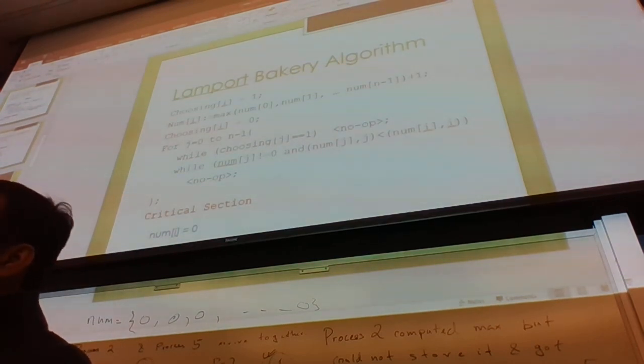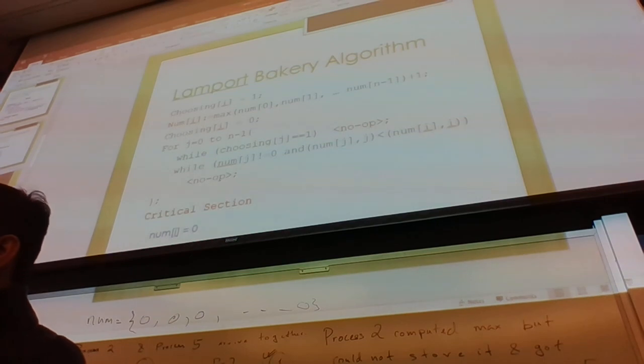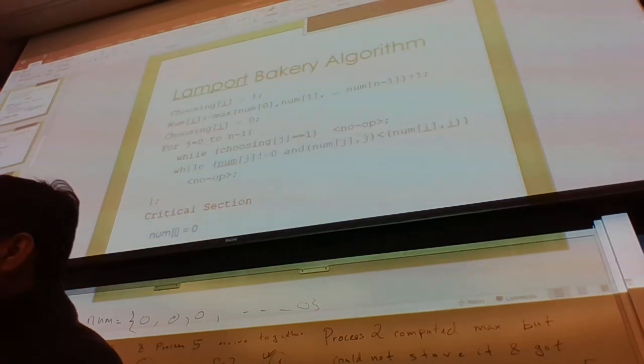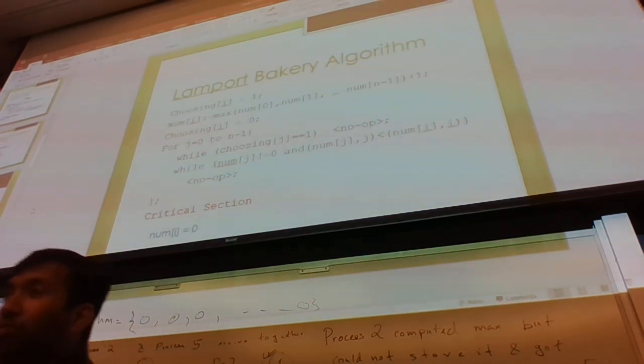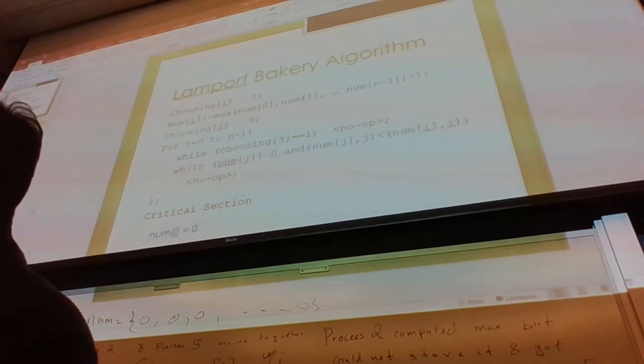Now if you have choosing, then this has mutual exclusion. You'll always have mutual exclusion. So do you understand why? You could only violate mutual exclusion if process 5 went ahead before process 2 could store the number. Right?